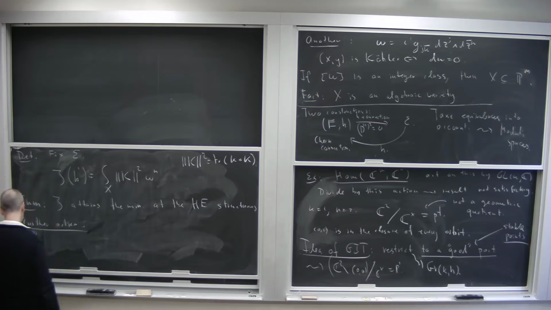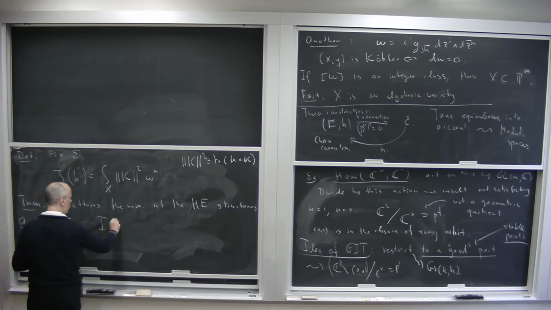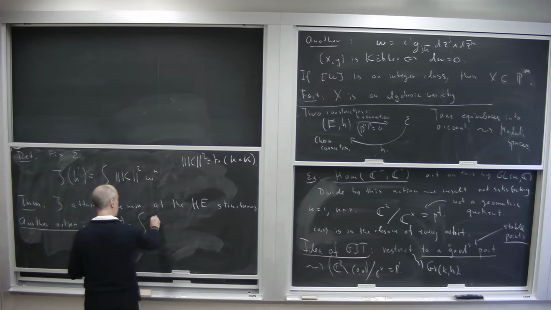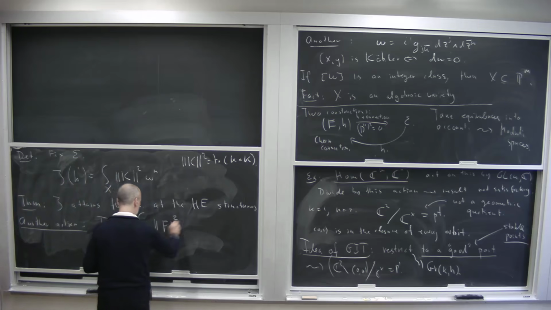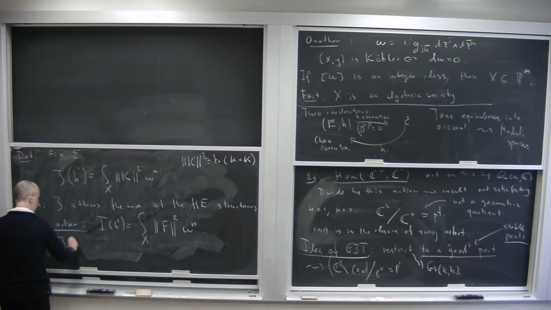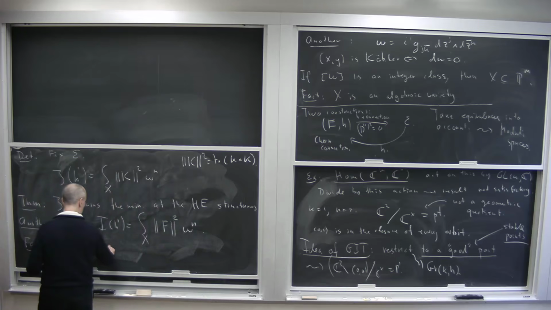If this is not illustrative enough, let's call it I of h prime, which is, again, the integral over X. And this time I take the curvature itself, omega n. So this has something to do with Yang-Mills theory. And now the important fact or theorem is that if I compare these two actions, then the difference is constant.